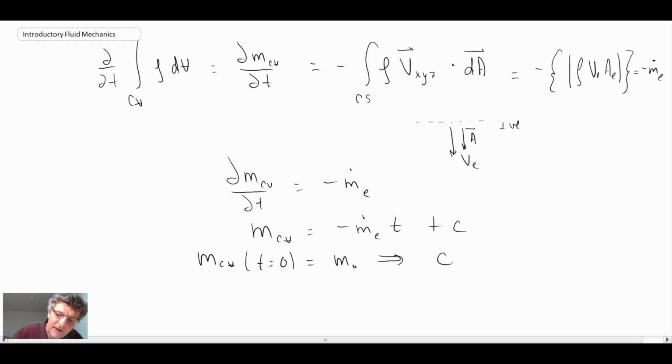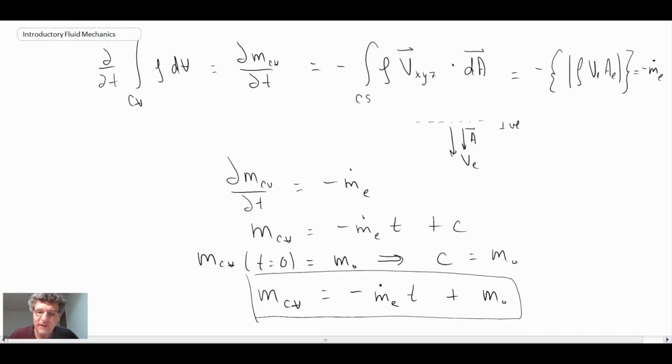So with that, C is equal to the original mass, and from that the mass of the control volume is equal to minus the mass flow rate exiting times time, plus the original mass. So that's kind of an obvious, intuitive expression. Basically it says you subtract the mass leaving from the original mass, and that gives you the mass of the control volume as a function of time. So we get that expression from continuity.